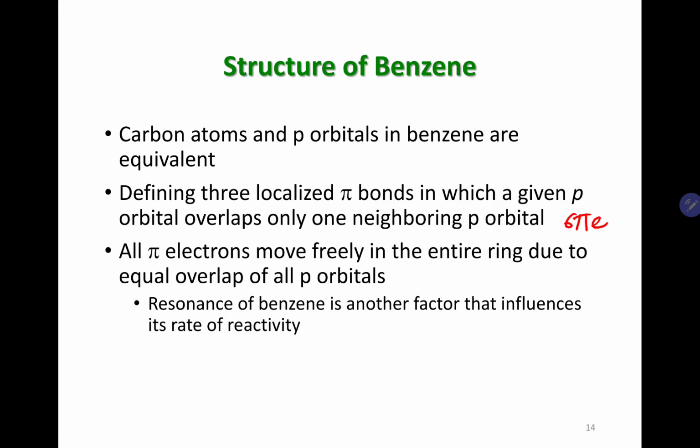Your benzene ring is a planar structure, and a p orbital is sitting on top and bottom of the benzene. So these 6 p orbitals are sharing all these pi electrons, and they are delocalized into these p orbitals. And these pi electrons of course are moving freely, generating a ring current. Resonance stability is already discussed in the previous slide.